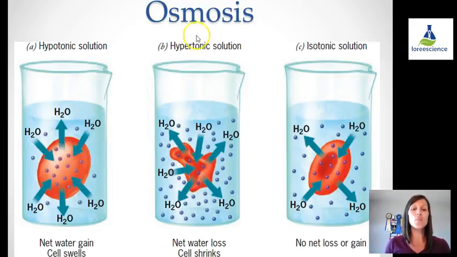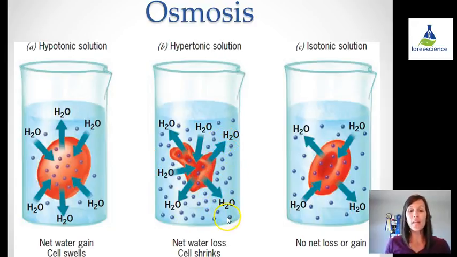If that same cell is put into a hypertonic solution, hyper meaning excess or a lot of, so that solution has more solute or more dissolved substances than the cell does. So what's going to happen is that water is going to try to balance everything out, all the concentrations. So that water is going to move out of the cell to try to kind of water down that solution.